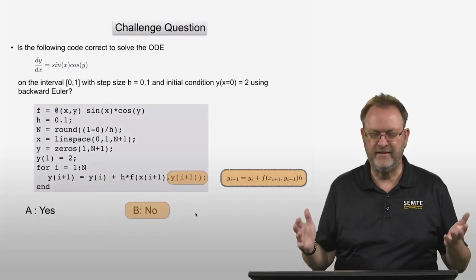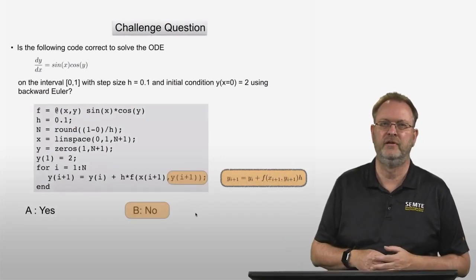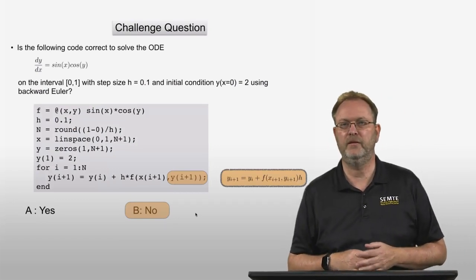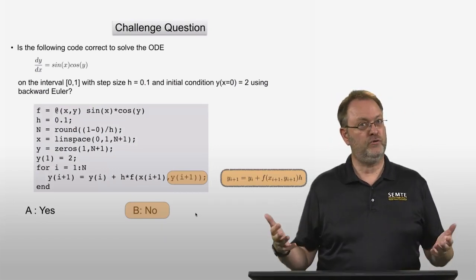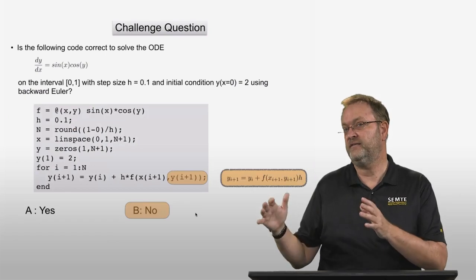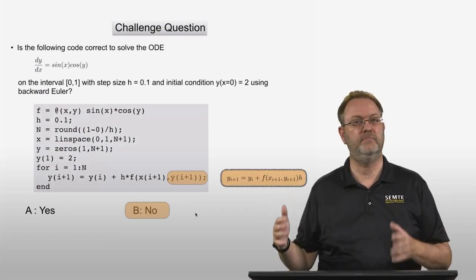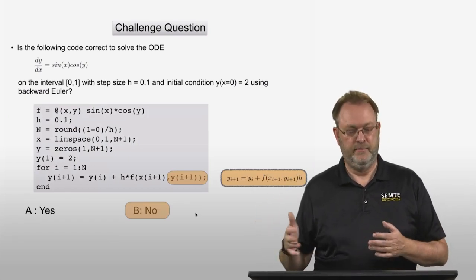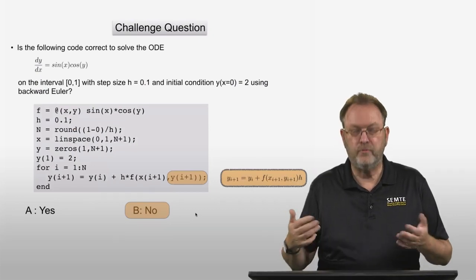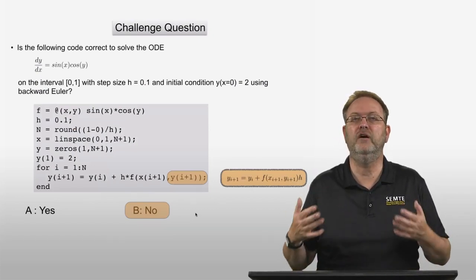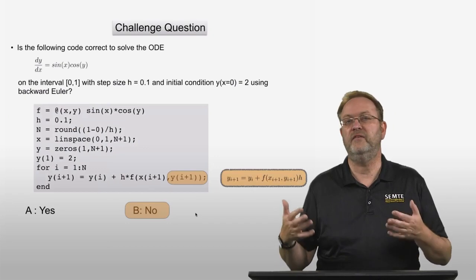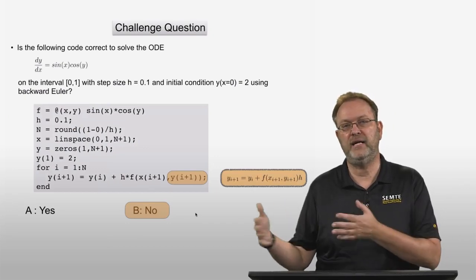Okay, turns out that is not the right way to solve this ODE. And the problem is that when you code something, everything on the right-hand side of the equal sign must be known. But in this particular case, for the backward Euler method, we do not yet know what is the value of y at point i plus 1.